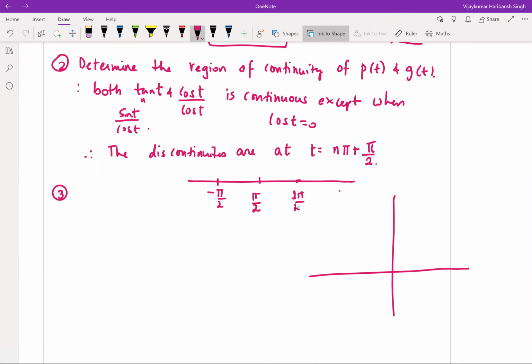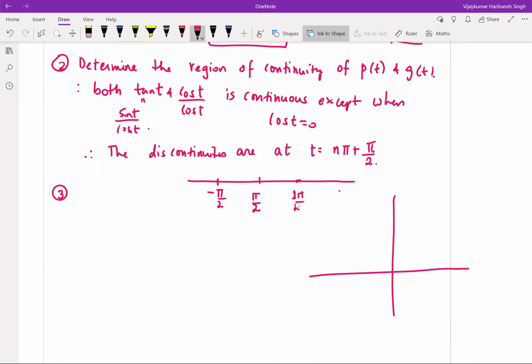These are the asymptotes. And then you have it again, and this is I.